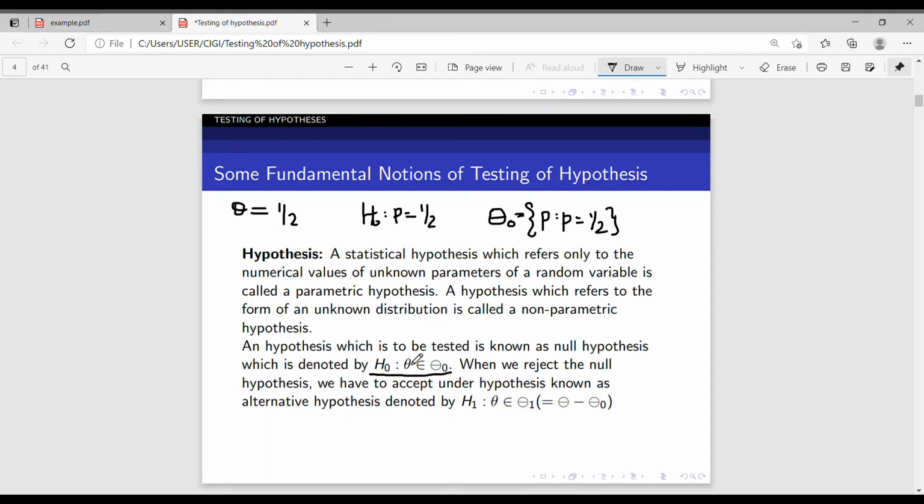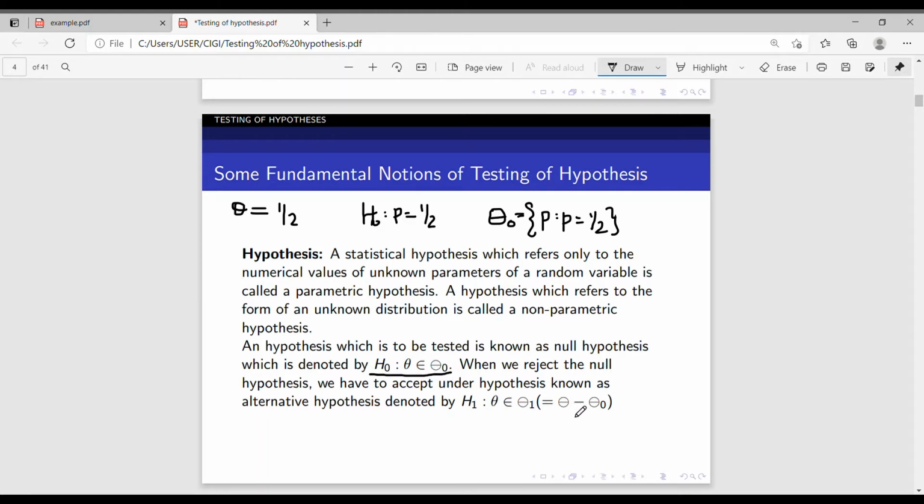Both these statements are equivalent. Basically, capital theta naught and theta 1 are subsets of the parameter space capital theta, and they are disjoint. While testing the null hypothesis, if we reject it, we have to accept another hypothesis, known as the alternative hypothesis, denoted by H1: theta belongs to theta 1.